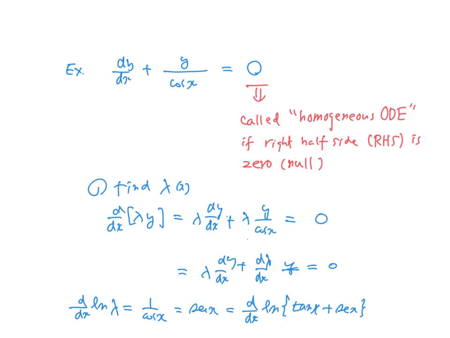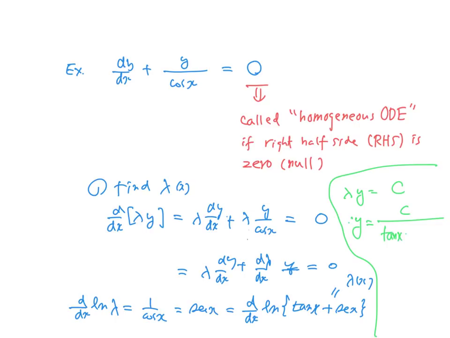So this is your lambda, actually. So lambda y is a constant. y is actually c over tangent x plus secant x. That's the solution.